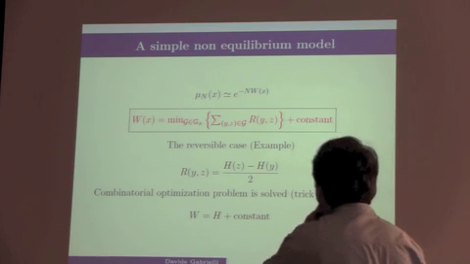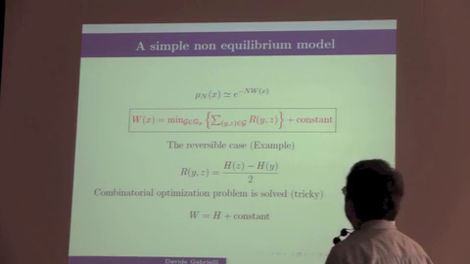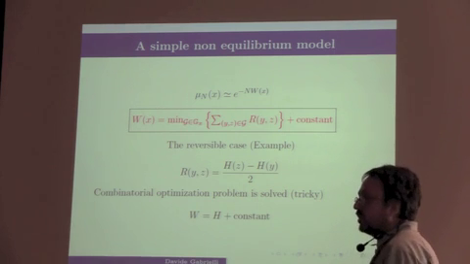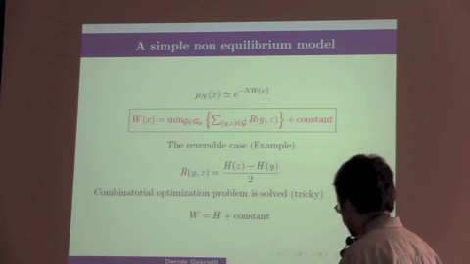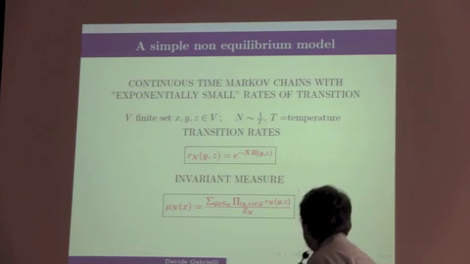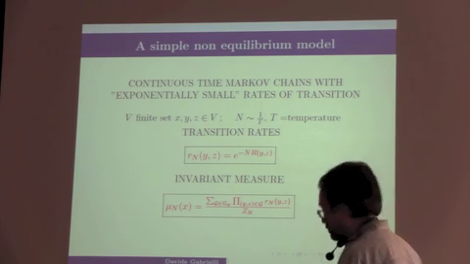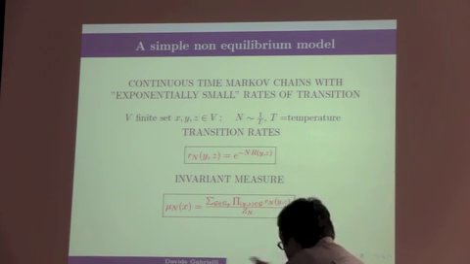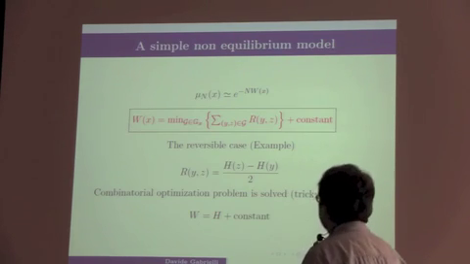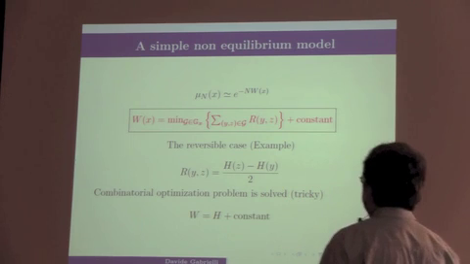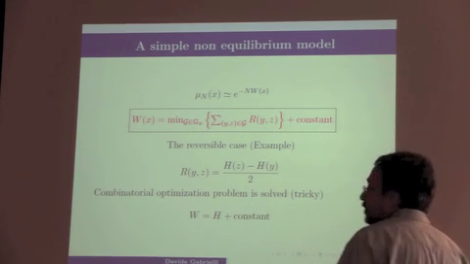So for this non-equilibrium model, there is a simple way to know that the invariant measure will satisfy a large deviation principle, because, you see, it is obtained as a sum of products of objects that are exponentially small or big. They are always small because there is the normalization factor here. And then to get the exponential rate of decay of a single point in the invariant measure, you have to minimize.